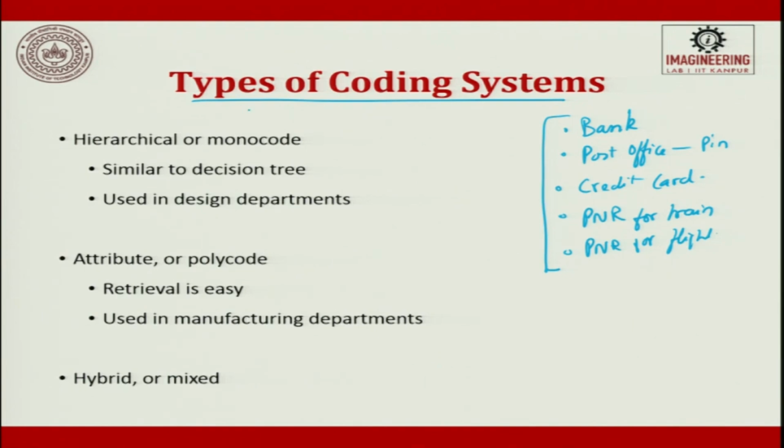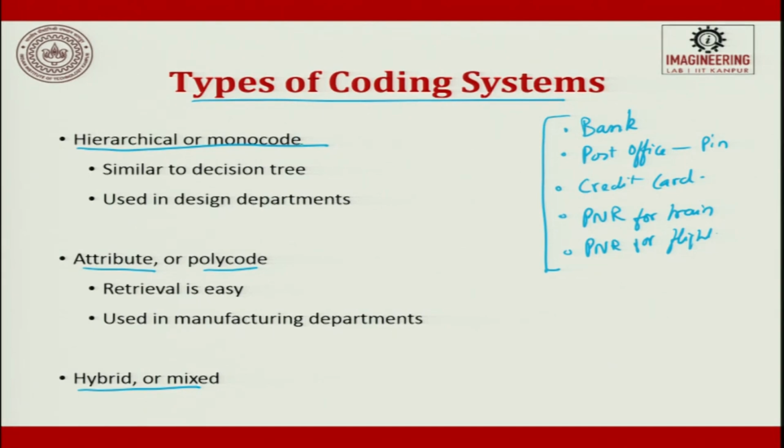In the same way, when we take the analogy in manufacturing, we talk about three different coding systems. One is called the hierarchical coding system or monocode system. The next one is called the attribute or polycode system, and the last one is a mixture of these two, which is the hybrid or mixed coding system.